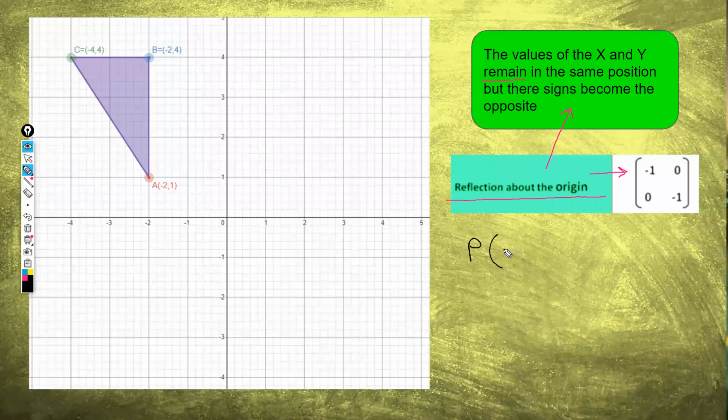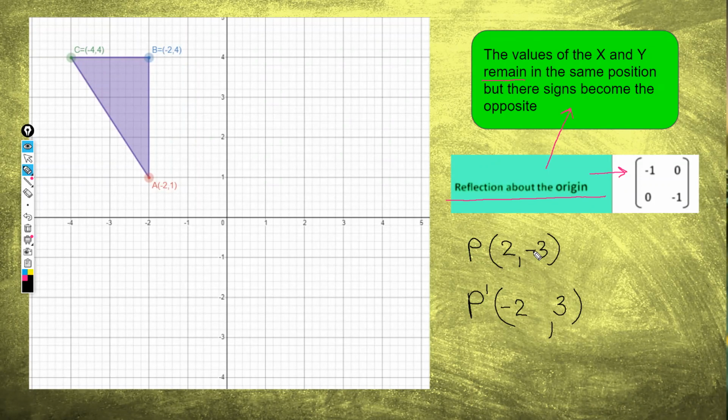Let's say I had the point 2, minus 3, and you wanted to do a reflection through the origin. According to the instructions, the values of x and y remain in the same position. So the 2 and the 3 remain in the same position, but the signs become the opposite. So the opposite of positive 2 will be what? Minus 2, and the opposite of minus 3 will be positive 3.